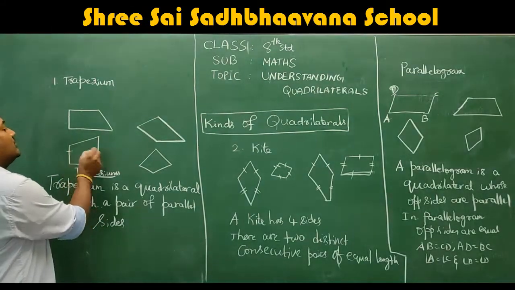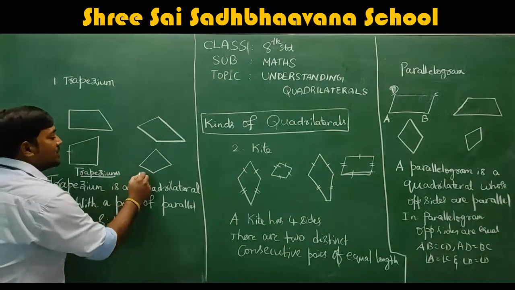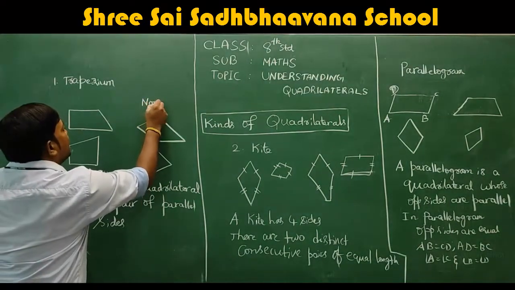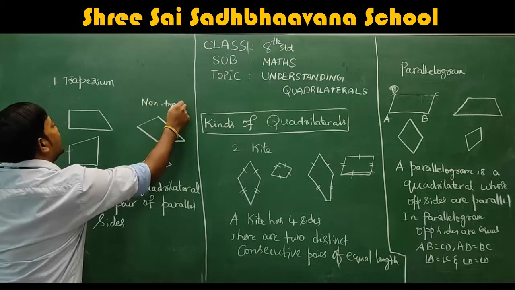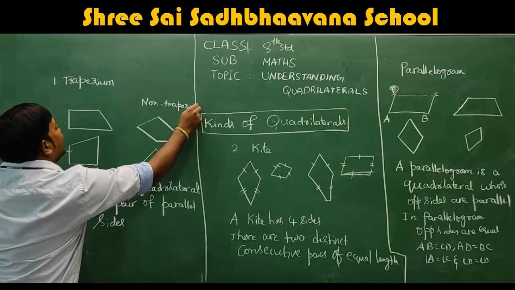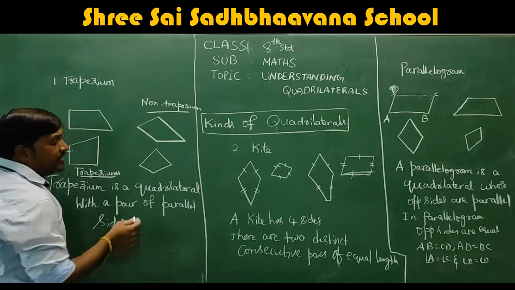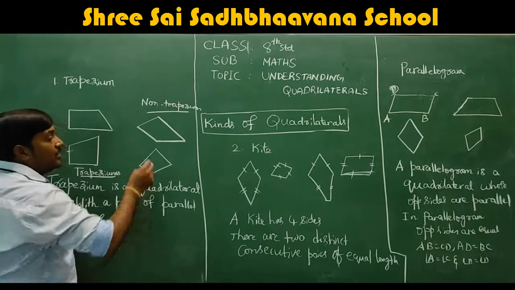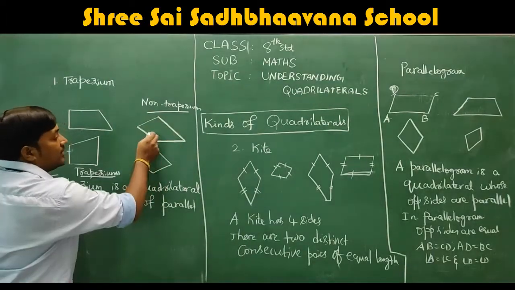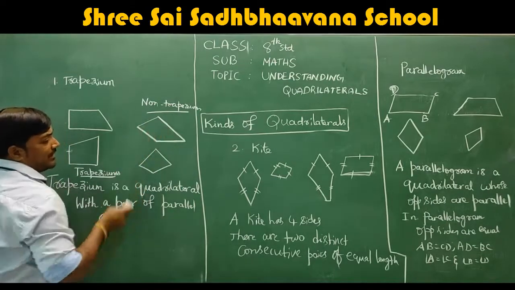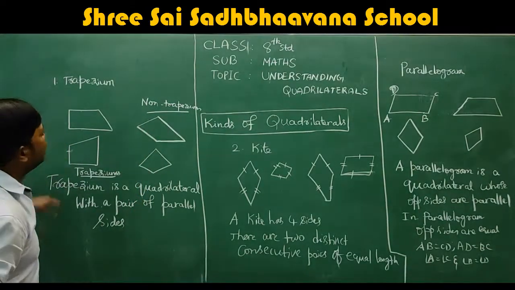In this case also, these two are there. And here you check, these are non-trapeziums. Why? Because in these, whichever pair of sides you take, they are not parallel, and this is not exactly parallel. If you observe, parallel means they should be like this.